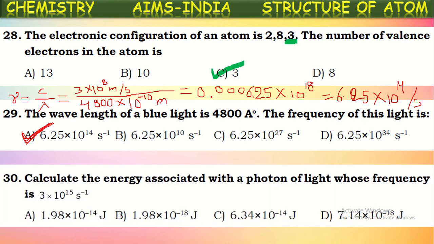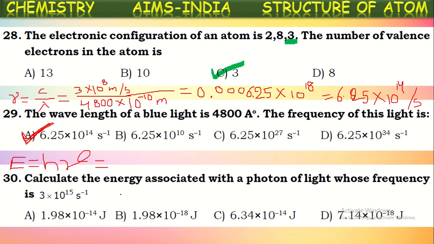Calculate the energy associated with a photon of light whose frequency is 3 into 10 to the power of 15. So here the frequency of the light is given, and we are asked to calculate energy. What relation do we have between energy and frequency? This relation: E is equal to h nu, where E is the energy of the light radiation, h is Planck's constant, and nu is the frequency.